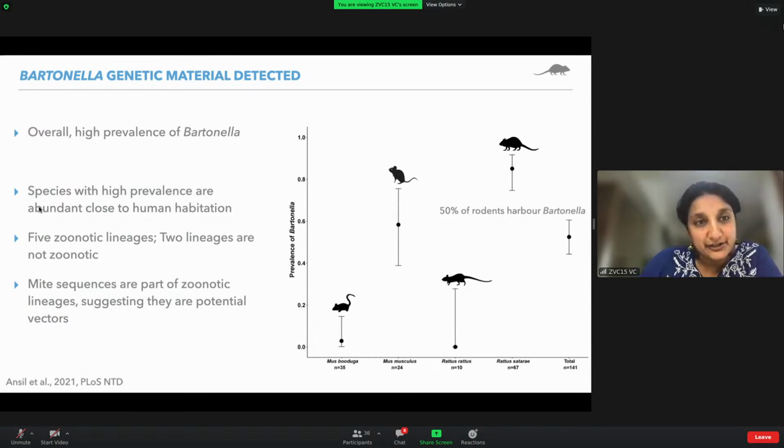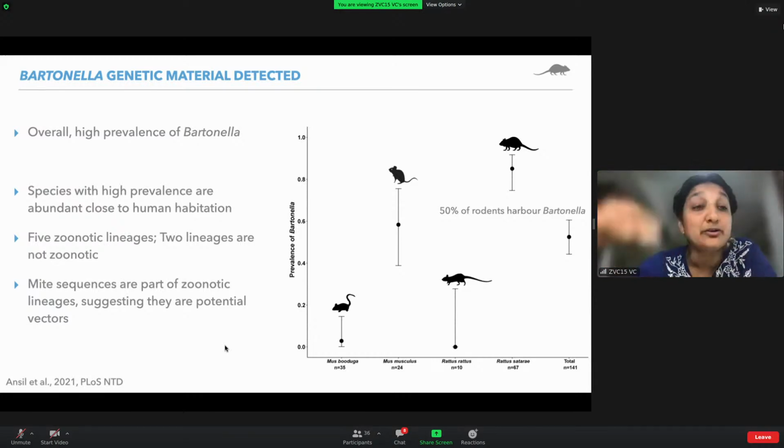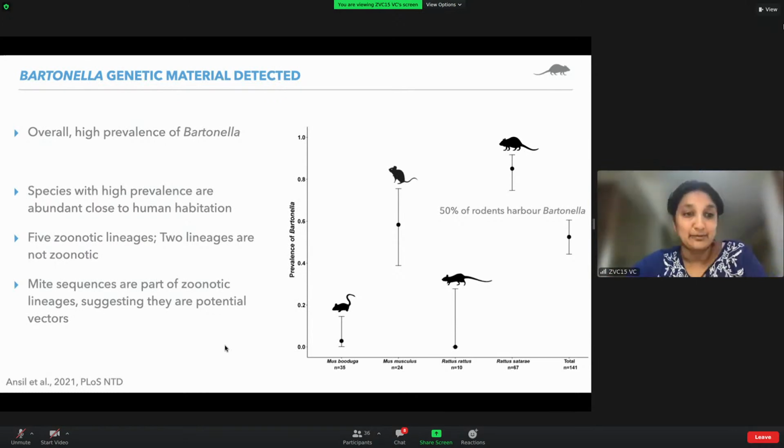Of the different lineages of Bartonella, we didn't sequence whole genomes, but maybe a third of the Bartonella genome. We found that there were 5 pathogenic lineages, the Bartonella associated with our rodents, nestled within known pathogenic lineages, some of them.